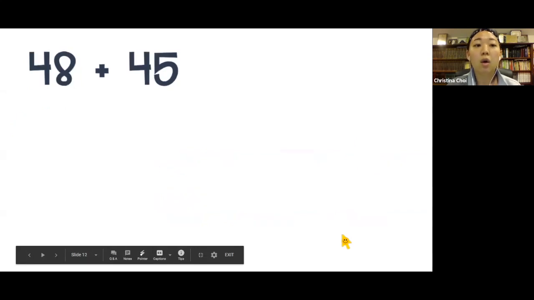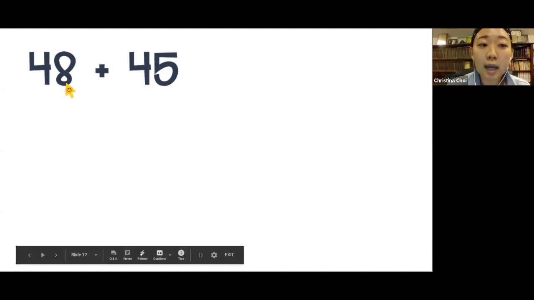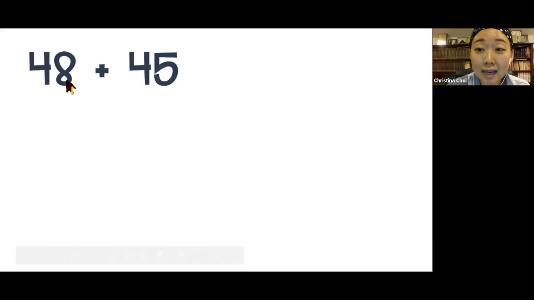Here's the next one. 48 and 5. Which number has the bigger ones value? 48 does. Good job. It has the 8.